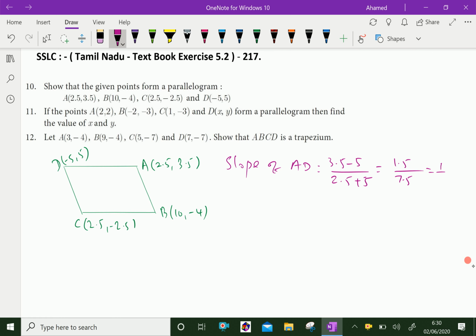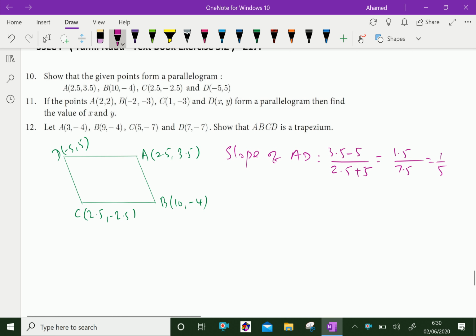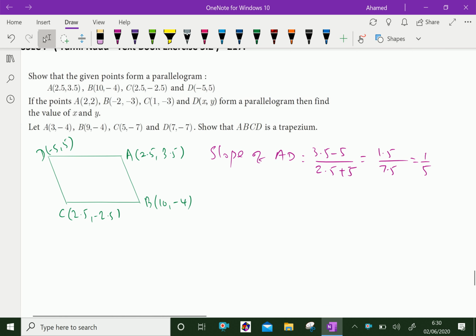By cutting it becomes 1 over 5. Now let this be m1.